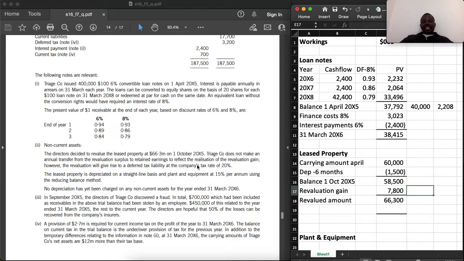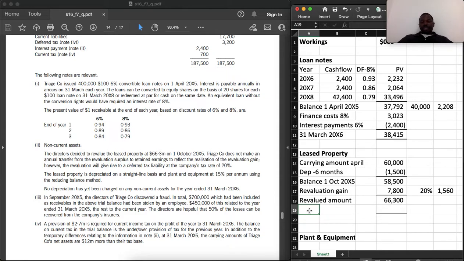Now that gain is subject to a tax, which is deferred tax at 20%, like that. So we'll say the gain multiplied by 20%, we get our deferred tax of 1,560. This deferred tax does not go to the profit or loss section, because a revaluation gain goes to other comprehensive income. So this will not affect our profit.